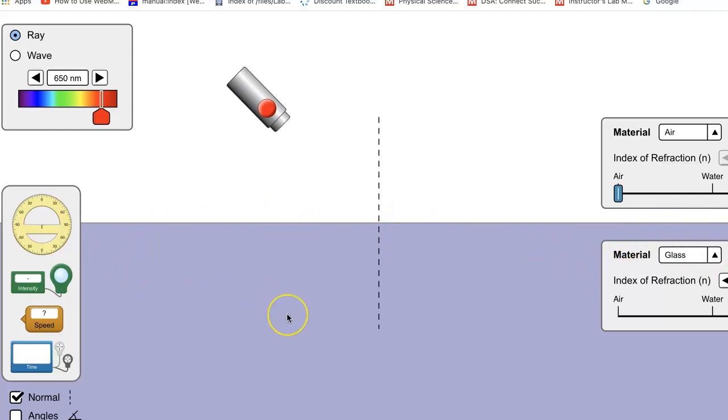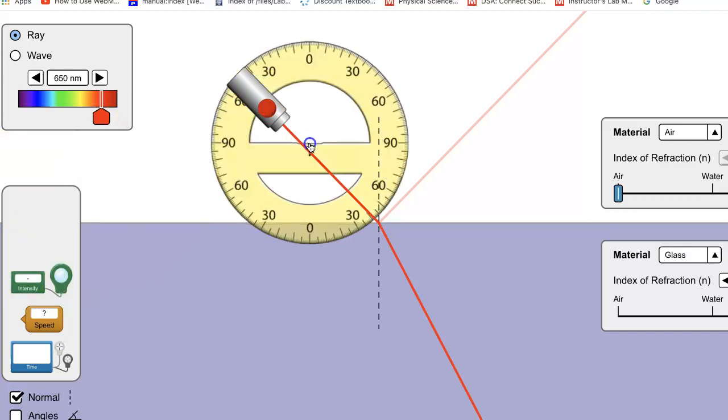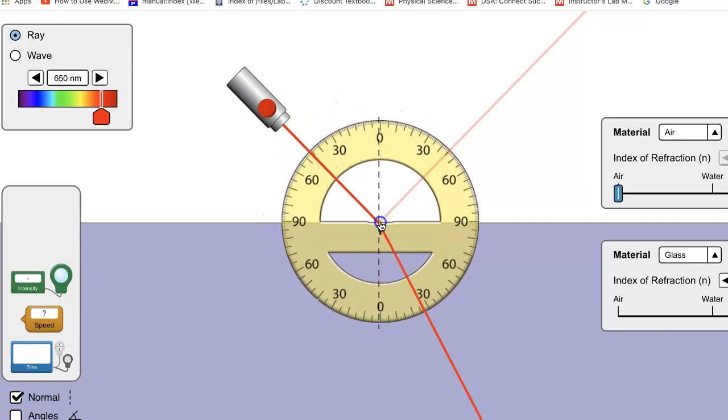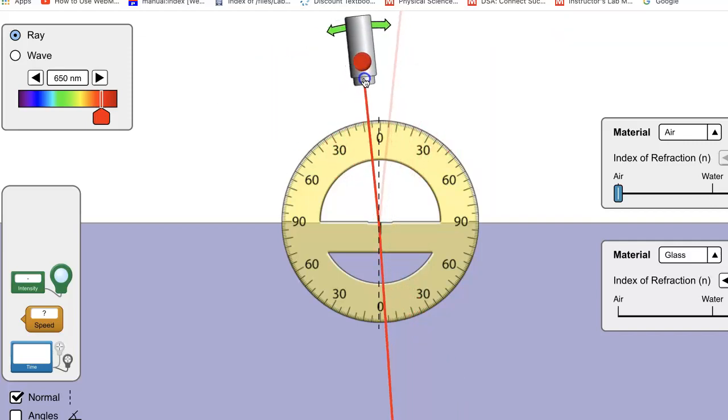Here, the angle is not important because we're going to measure. The most important is the normal. Here is where I have my incident light, and I want to use my protractor here. Then I want to have my first angle to be 5.